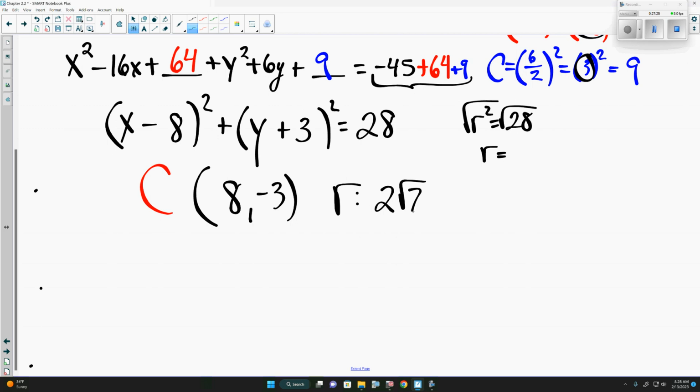And if it were asking us to graph it like I've already shown earlier, we would first plot the center and then add 2 square root of 7 to either the x or y value of the center, plot that, and connect the two together. Questions on this here?